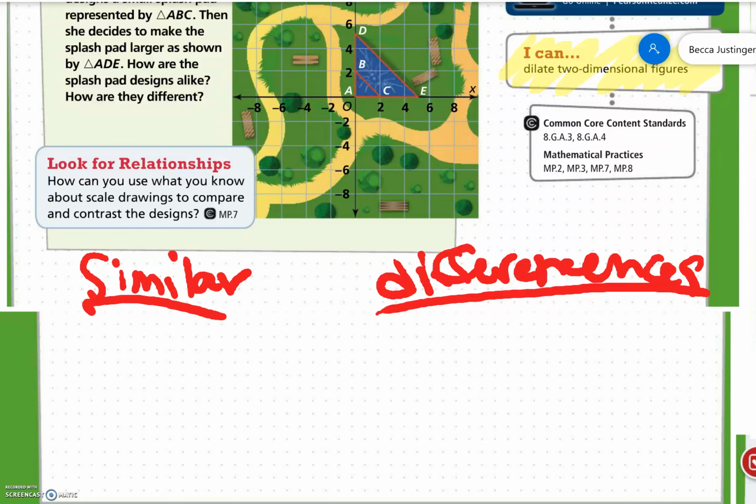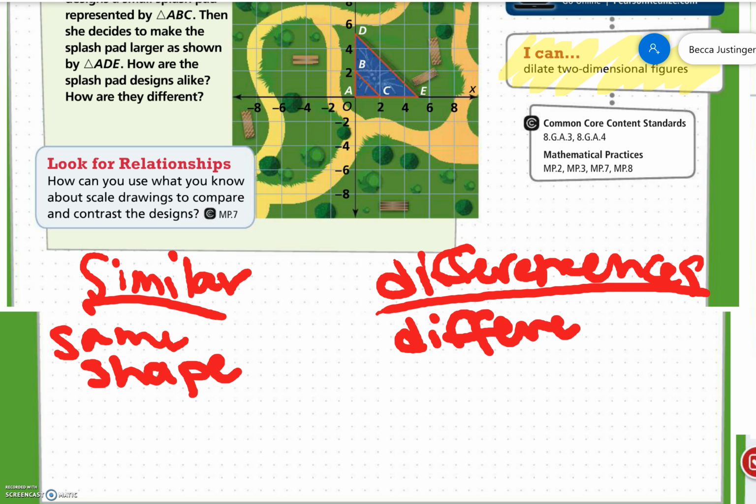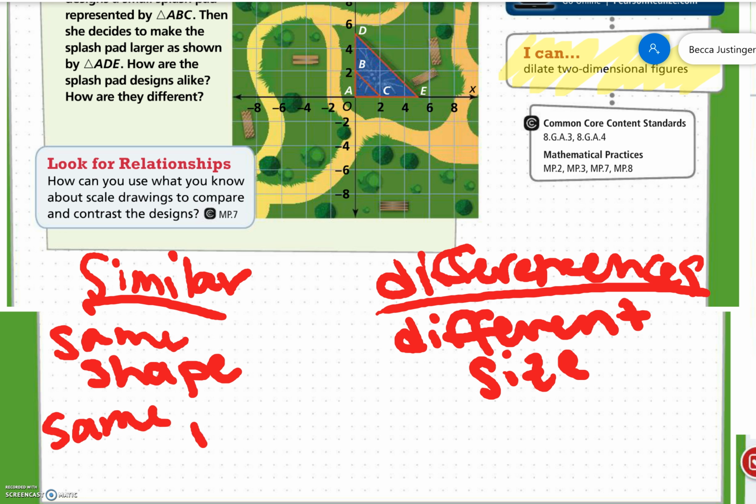Okay, so hopefully you said similar things: they have the same shape, but a difference would be they have different size. One is bigger than the other. They both have the same point A, and that point was at 0, 0.